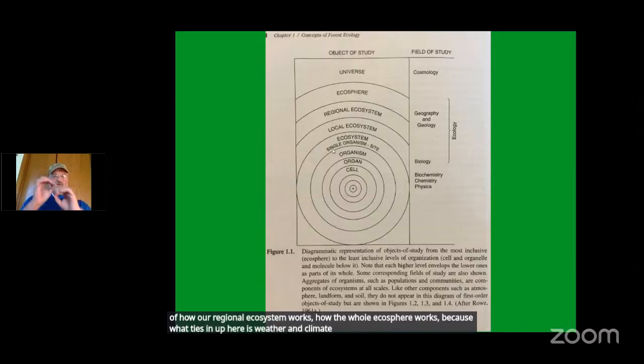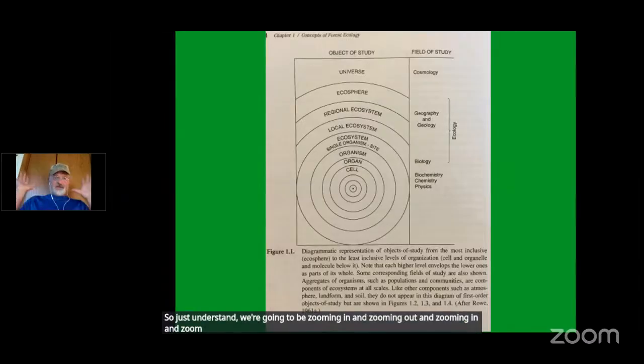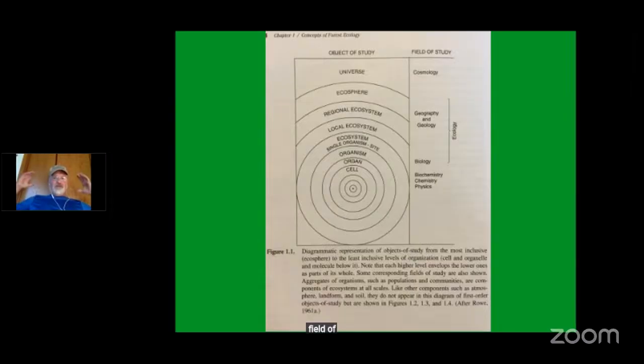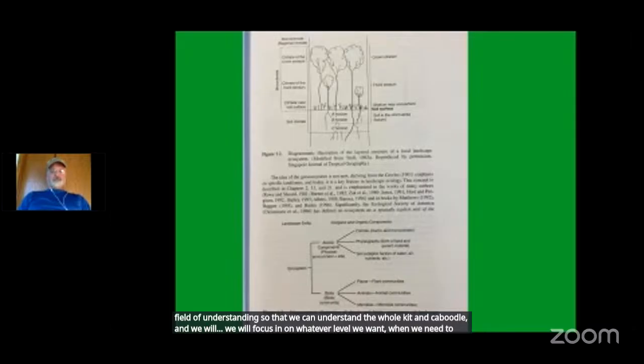So just understand we're going to be zooming in and zooming out instead of freaking out because, oh wait, we're supposed to stay at this level here. We're Renaissance people. We have opened up our field of understanding so that we can understand the whole kit and caboodle, and we will focus in on whatever level we want when we need to.